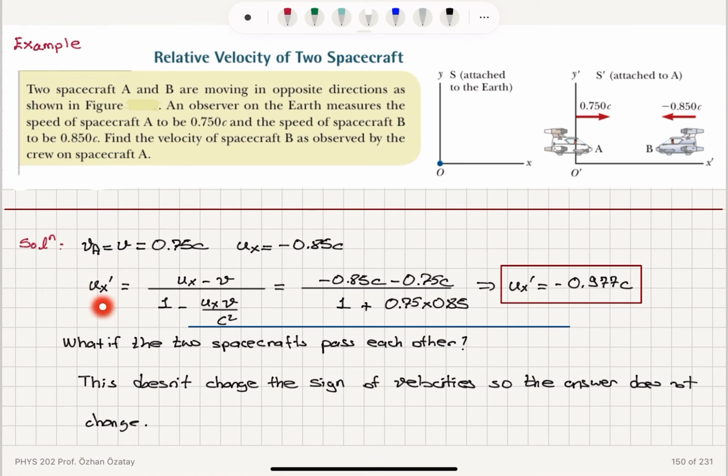So using Lorentz transformation, ux prime is equal to ux minus v over 1 minus uxv over c squared. Ux is minus 0.85 c as measured by the Earth reference frame, v is plus 0.75 c, and this gives us minus 0.977 c instead of 1.6 c. If they pass each other, the sign of the velocities don't change, so the answer does not change.